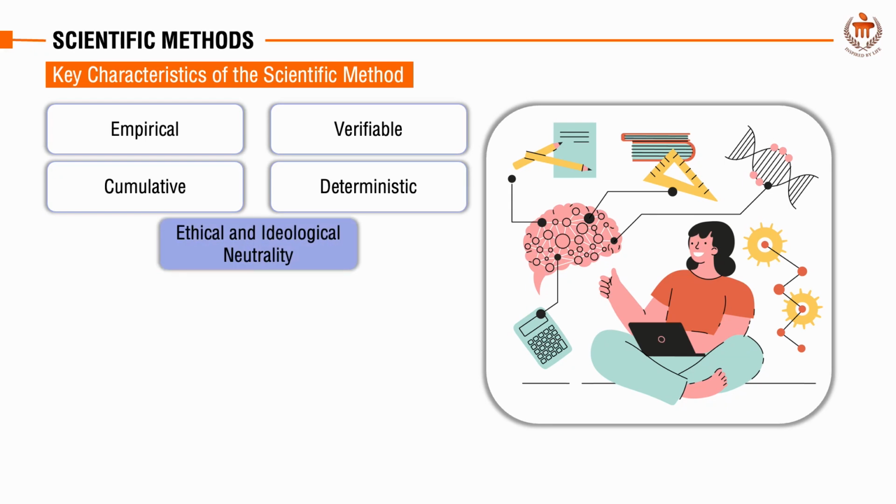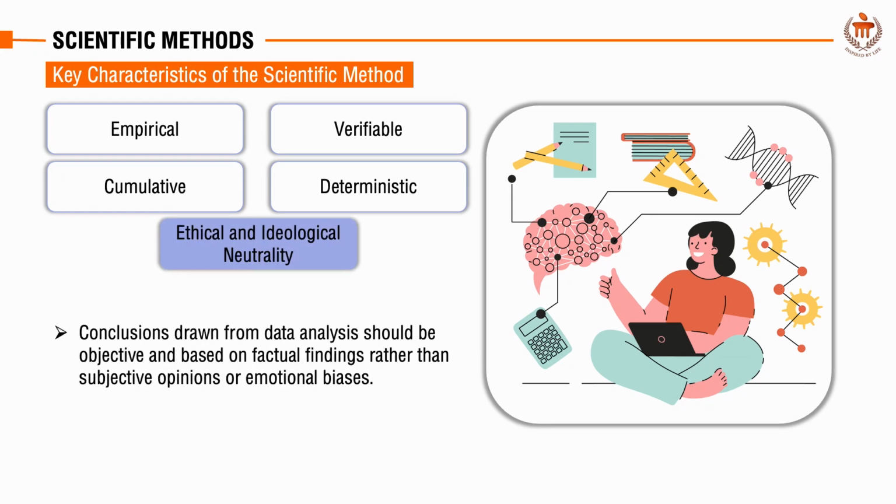Ethical and ideological neutrality: conclusions from data analysis must be objective and grounded in factual evidence, not influenced by personal opinions or emotions. For instance, if a hypothesis suggests that increased participation in decision-making enhances organizational commitment, but the results do not support this, the researcher should not argue otherwise.